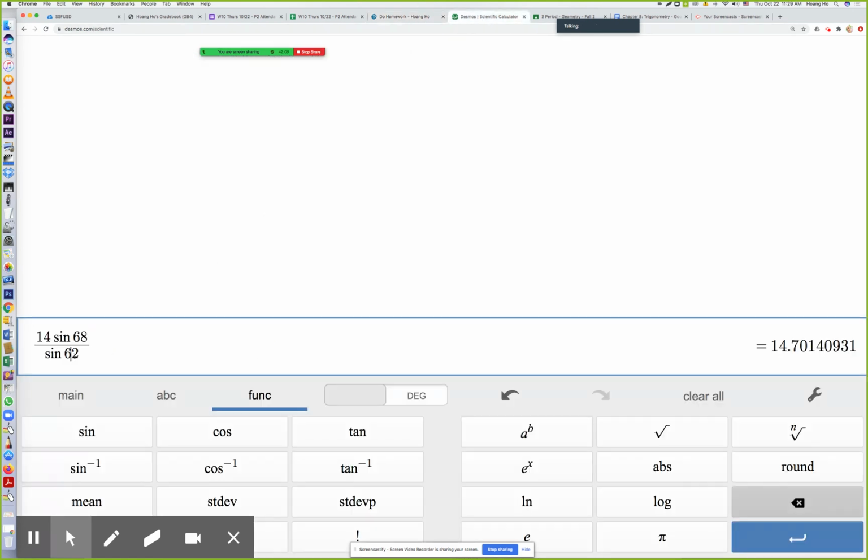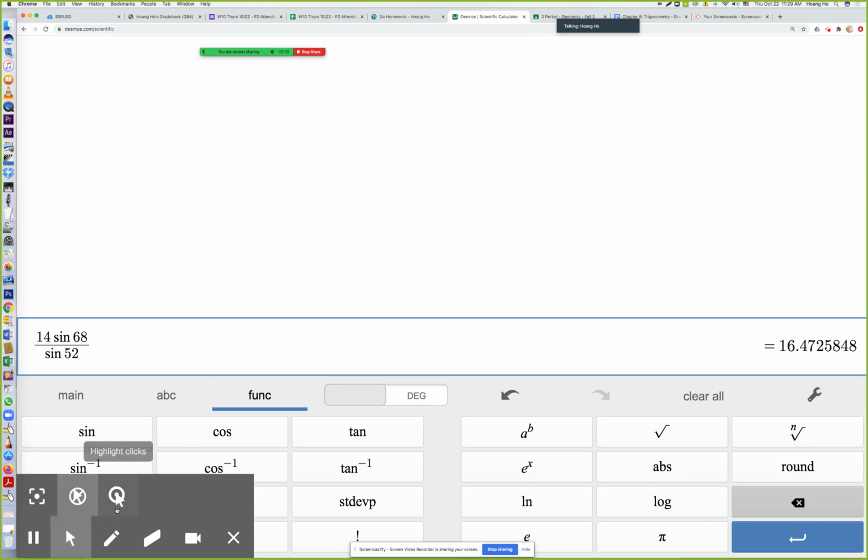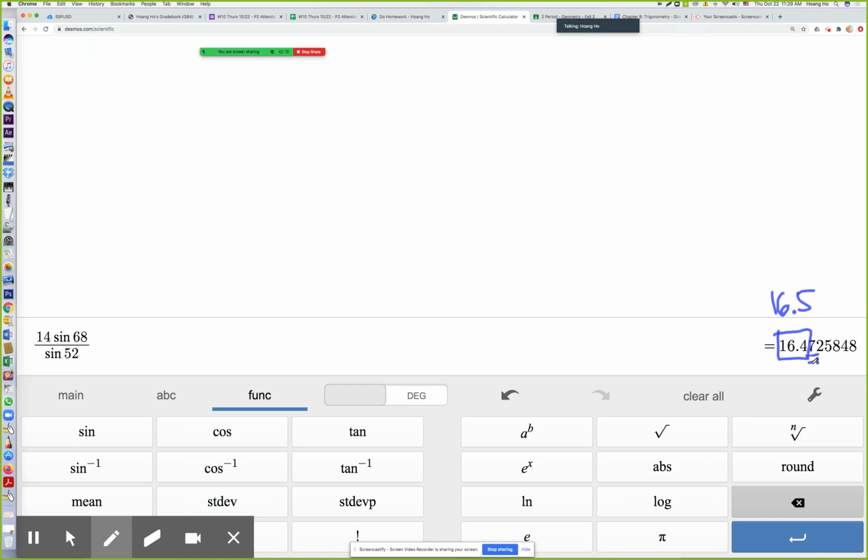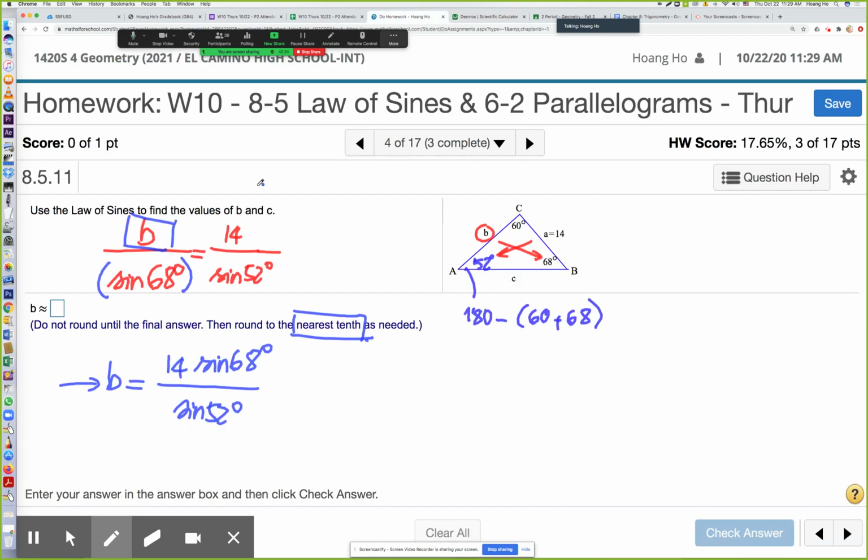I make sure I change this one to 52. And the answer to one decimal is 16.5, because the 7 in the back rounds up the number in front. So 16.5.